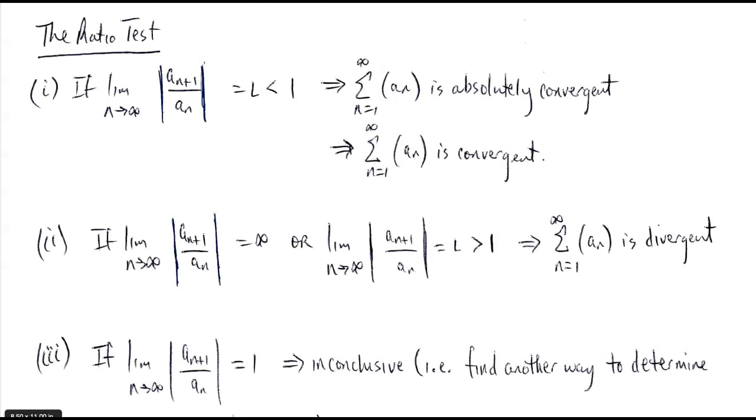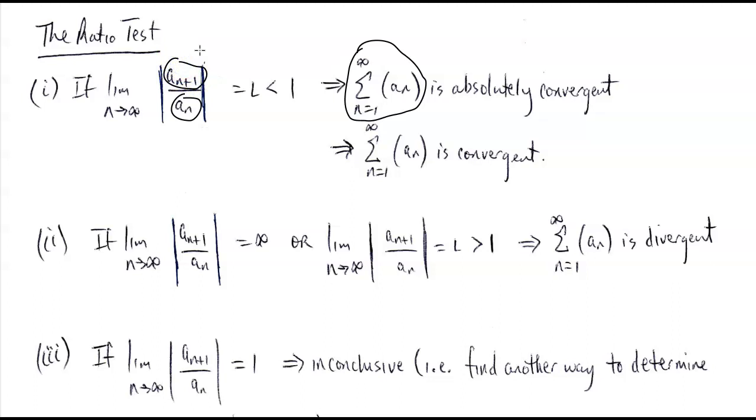So for our ratio test, if we have some series that looks like what you see here, then we want to consider the nth term of the sequence that makes up that series, which is a sub n, as well as the n plus 1th term, a sub n plus 1.